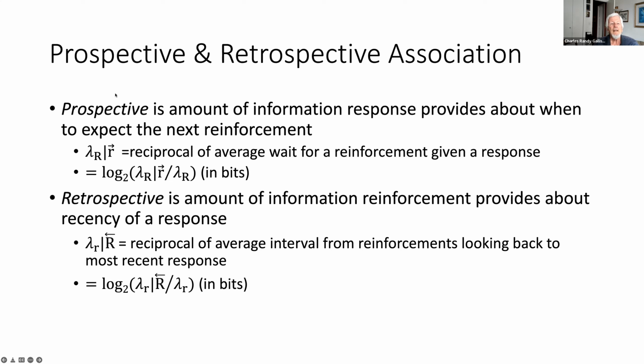So the prospective association is the amount of information that a response provides about when to expect the next reinforcement. Right? So you saw, for example, in the FI thing, that Bashak's subjects, some of them made thousands of responses during the FI without getting a reinforcement, right? Think how that works in a story where they depotentiate the synapse every time they don't get reinforced.